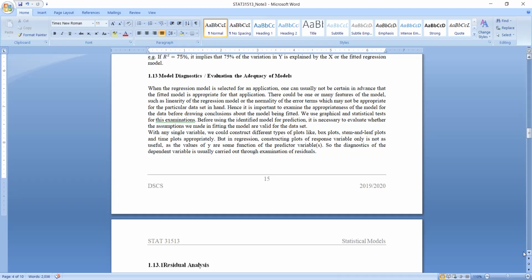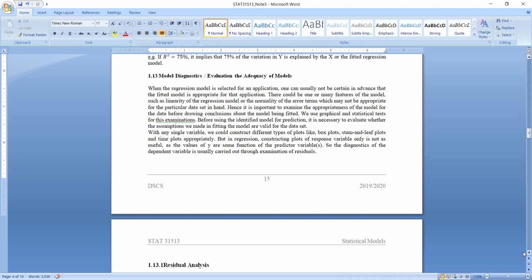So in regression analysis, whatever the model, whether it's a simple linear regression model or a multiple linear regression model, we have to check these assumptions, which is known as model diagnostics. After fitting the regression model, we do these model diagnostics to check the accuracy of our model.